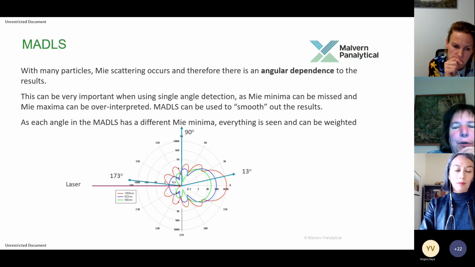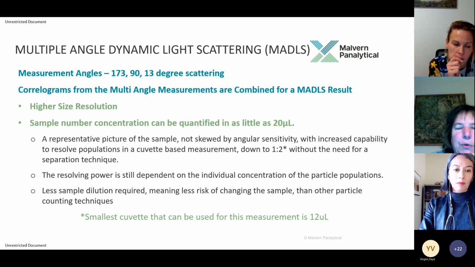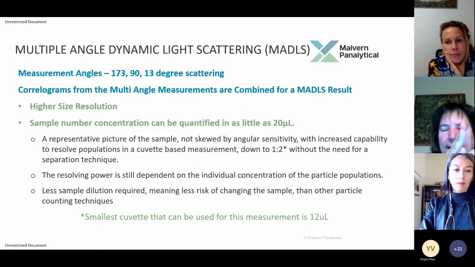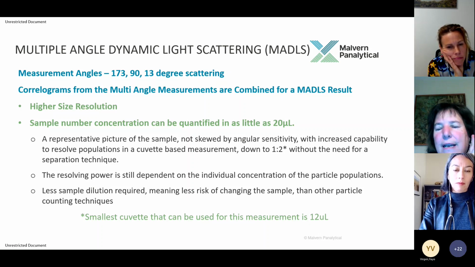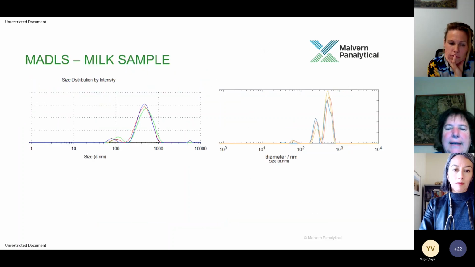And so if you take the rawest form of the data, the correlograms, and weight them appropriately based on the angle that you're making your measurement at, you can actually get higher resolution data. And like I said, you can split a distribution down to 1 to 2 with this technique.